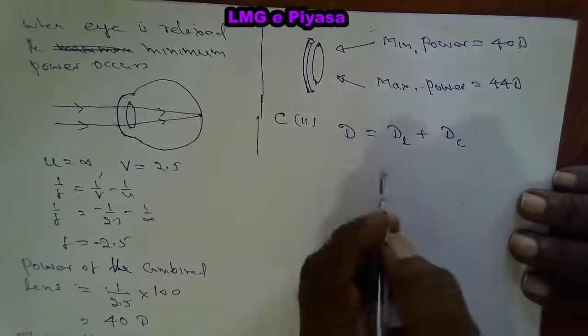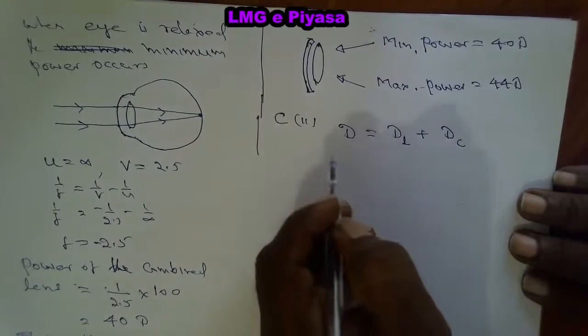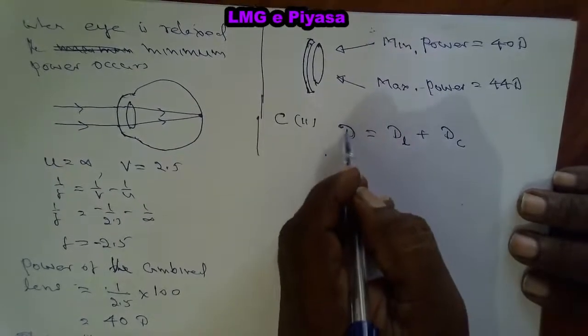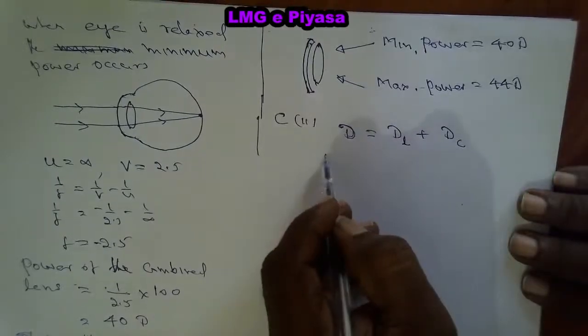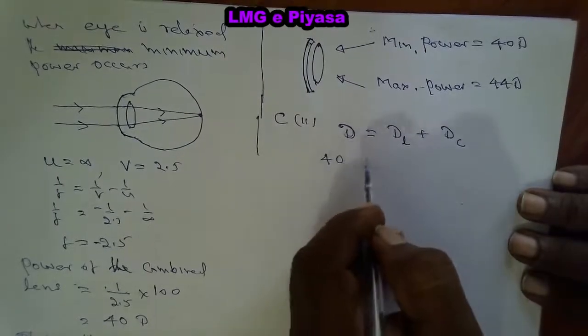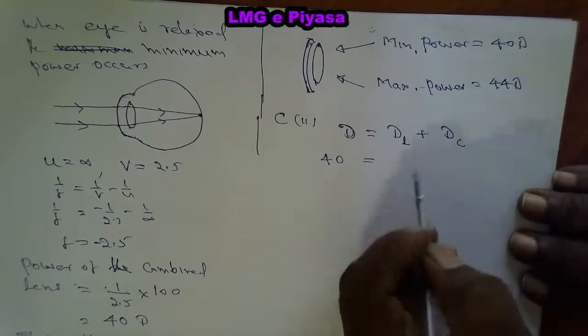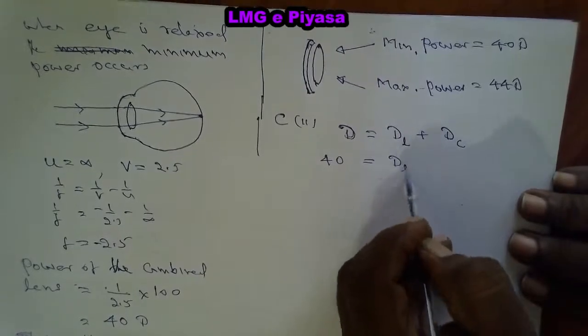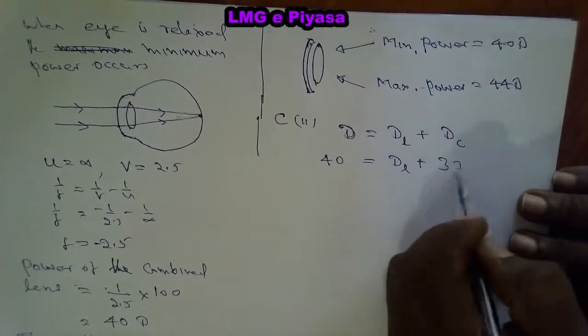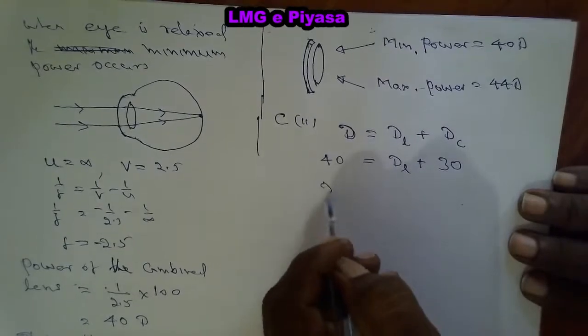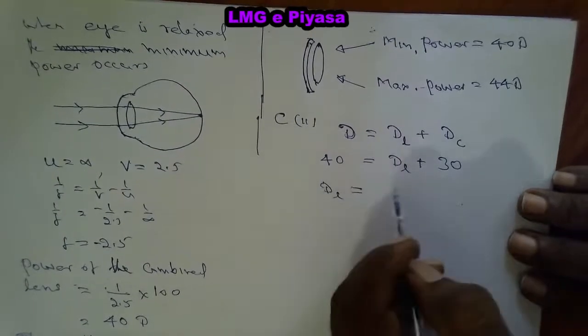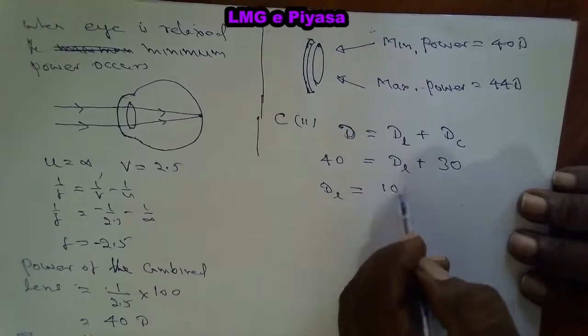For the minimum value, the combined power is 40, right? But the power of the cornea is given as 30, right? So D_L equals 10 diopters.